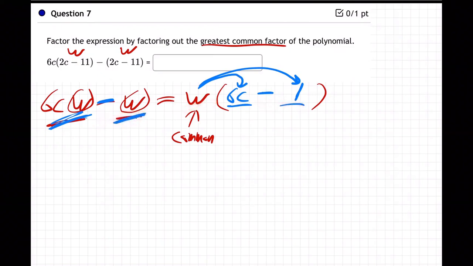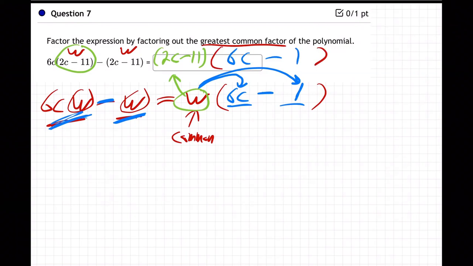Okay. So then what we did with the W, we do that, except the W is really the 2c minus 11. Let me write that a little better. 2c minus 11. And then we just have the rest of it the same. 6c minus 1.